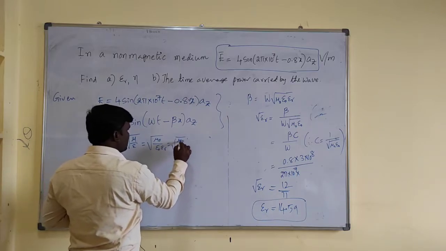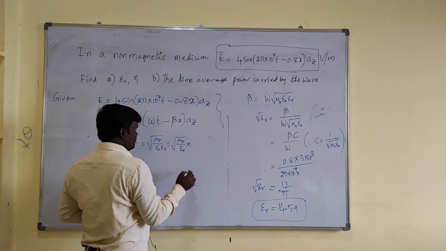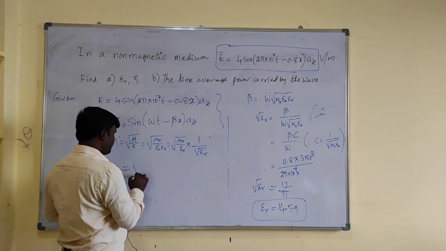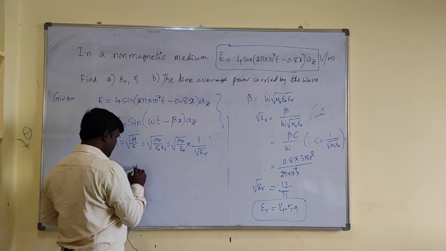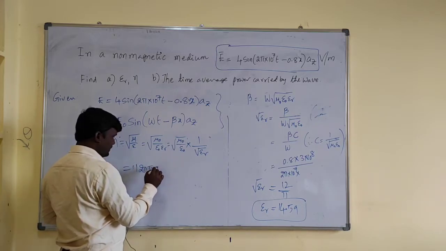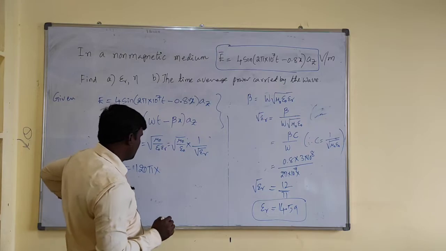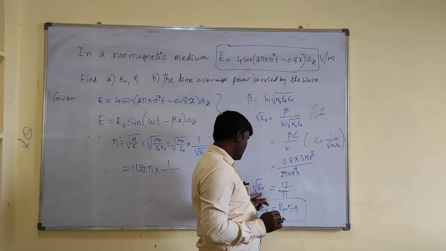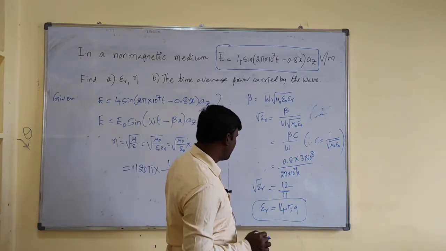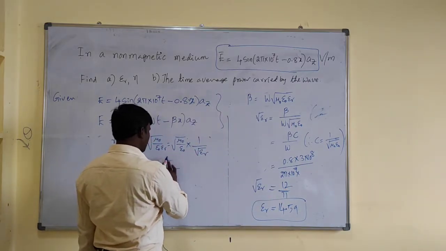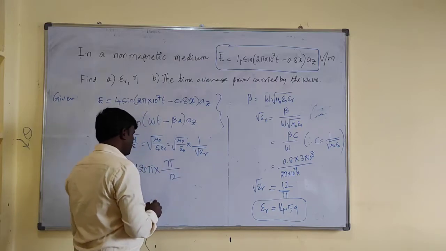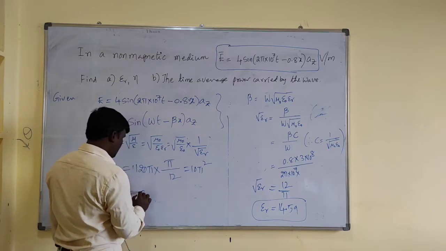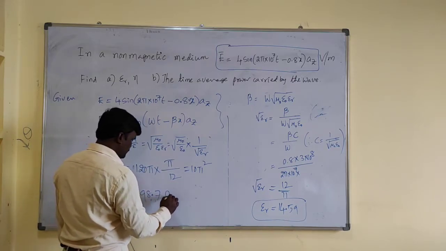That is root mu naught by epsilon naught into 1 by root epsilon r. Root mu naught by epsilon naught is 120π, and 1 by root epsilon r means pi by 12, the reverse of that. So finally we get 10π squared, which is 98.7 ohms.